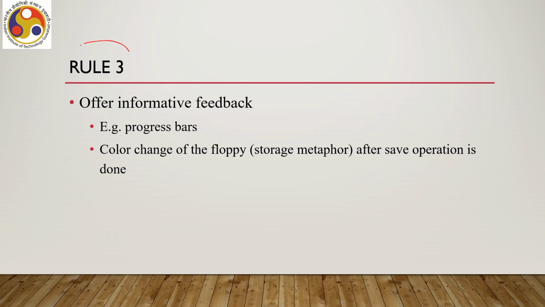Then rule number 3 says that we should offer informative feedback to the users. Whatever action user does, some informative feedback should be given to the users. For example, we are already familiar with the notion of progress bar. When we install something or we do something, sometimes the progress bar appears to show the percentage of task completed.